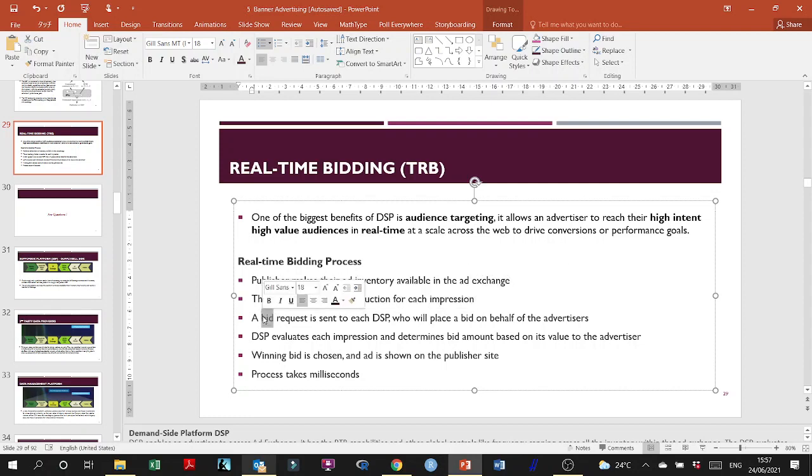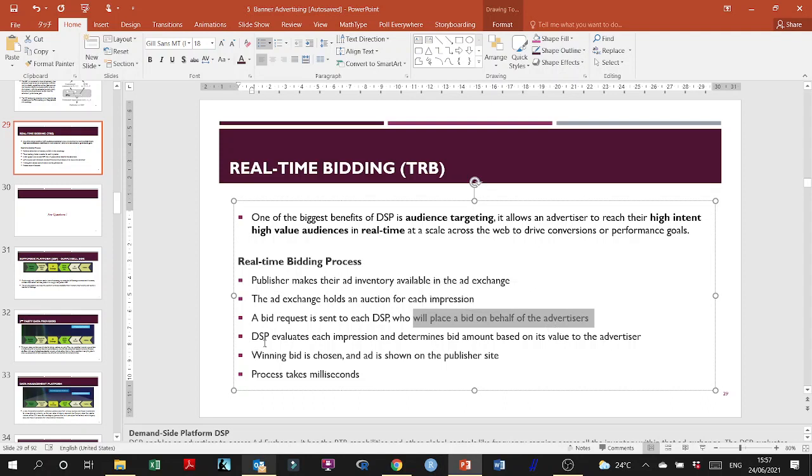The ad auction happens in the ad exchange, but the ad exchange sends a request to the demand side platform for a bid, how much you're going to bid for it. And this is where the optimization of the bid is happening. The DSP will place a bid on behalf of the advertisers, optimally, hopefully.